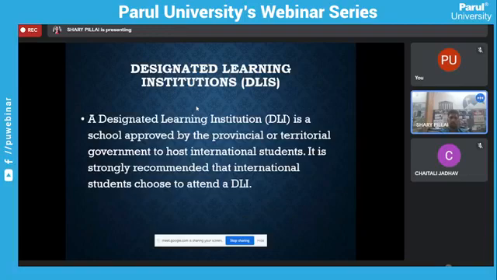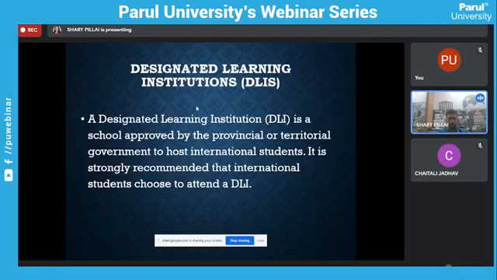You have to choose DLI institutes. It is called Designated Learning Institutes. A Designated Learning Institute is a school approved by the provincial and territorial governments to host international students. Those who are not DLI cannot give you admission. It is a government criterion, and it is strongly recommended that international students attend DLIs.